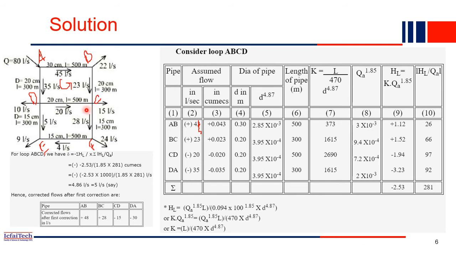Now for the CD segment, 23 is coming here in this segment, right? 23 is coming here, and 15 is going out, is not it? So in this portion also, how much water is coming, we consider it is 20.